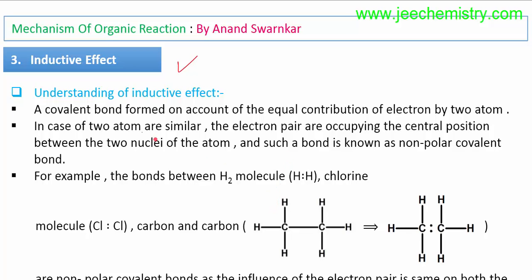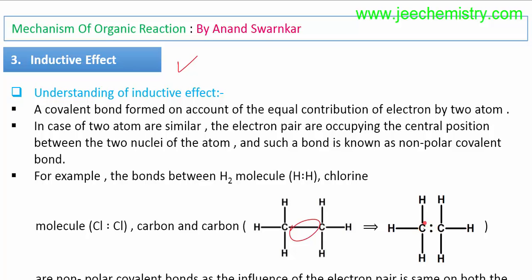A covalent bond is formed on account of equal contribution of the electron by the two atoms. For example, in ethane, this carbon-carbon bond is a covalent bond formed by the equal contribution of the electron by the two atoms.